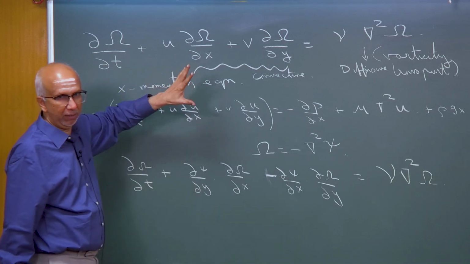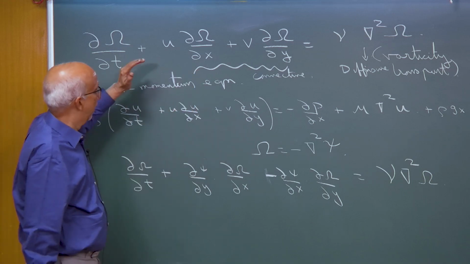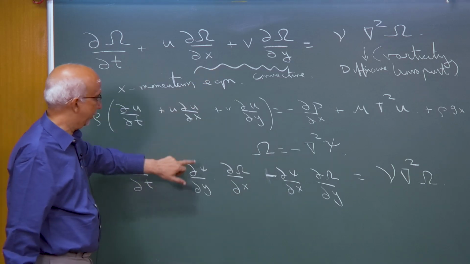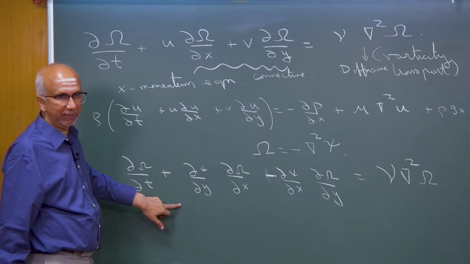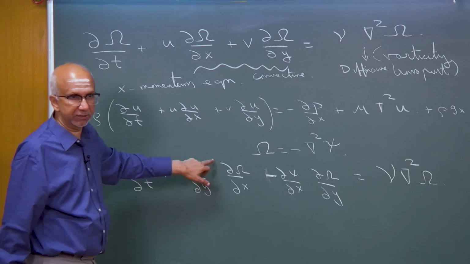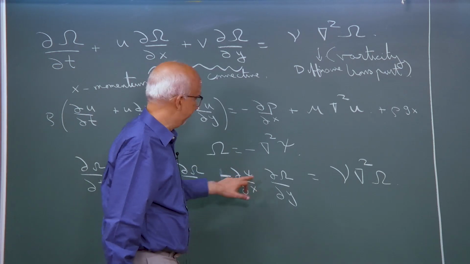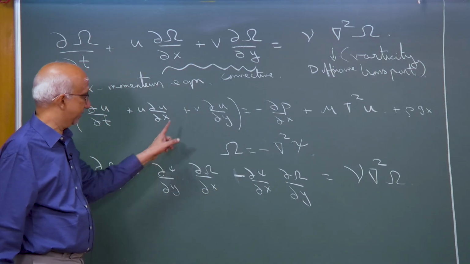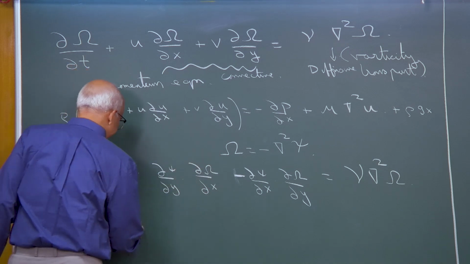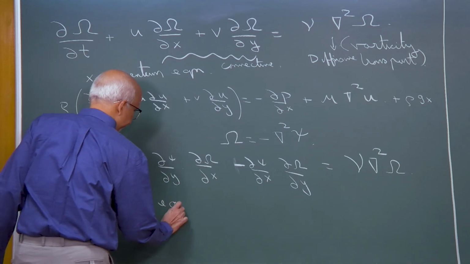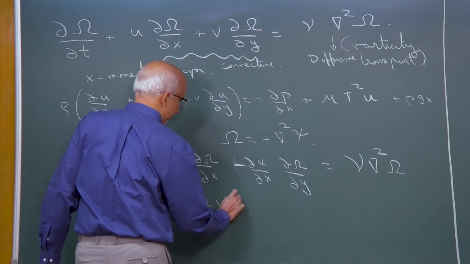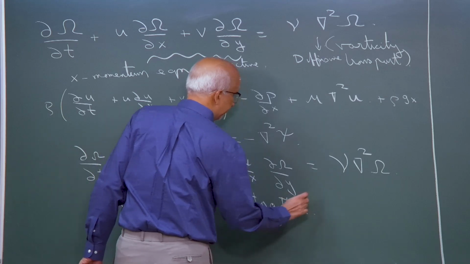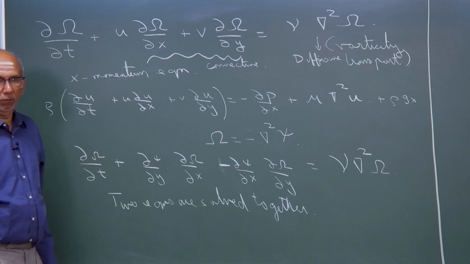It is just simple manipulation, and now pressure is eliminated, and these two equations have to be solved simultaneously. These are coupled equations. This is a relationship between omega and psi, and this is also a relationship between omega and psi. Okay. So, these two equations are solved together.